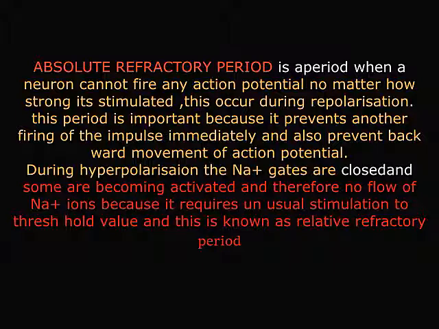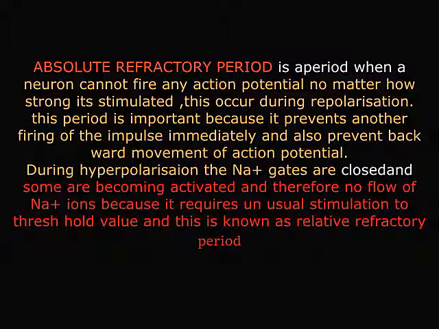So you have to understand depolarization and hyperpolarization. Depolarization, more sodium entering, because of the opening of the sodium gate. Then more potassium ions are moving out because of the opening of the potassium gate.